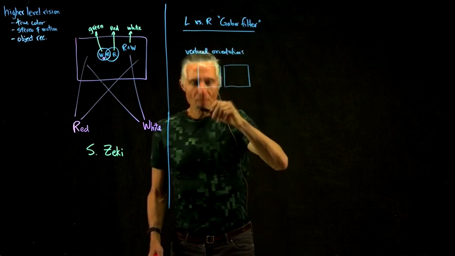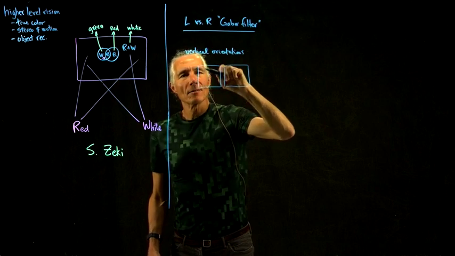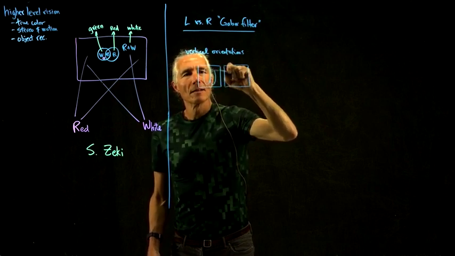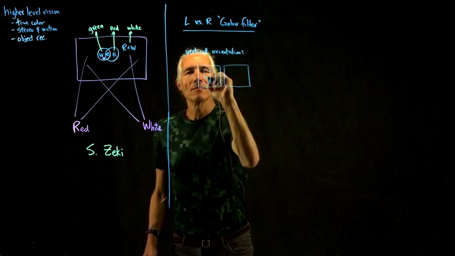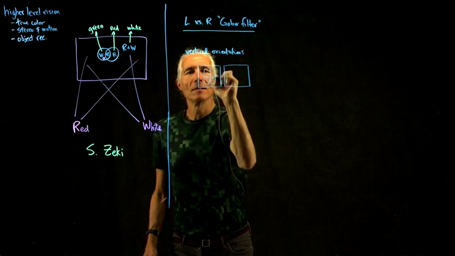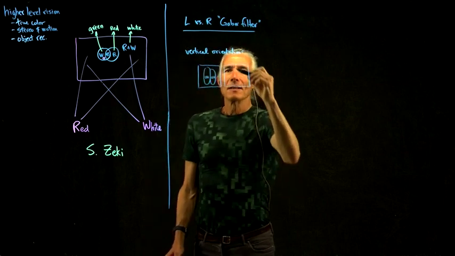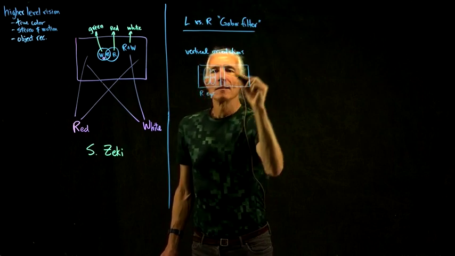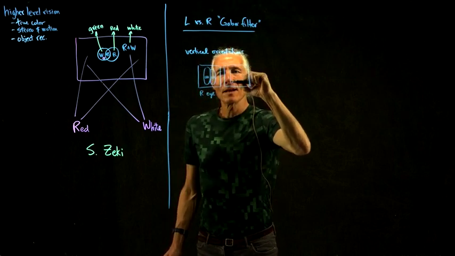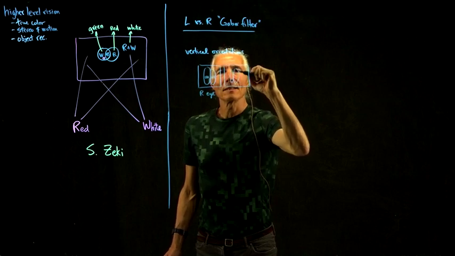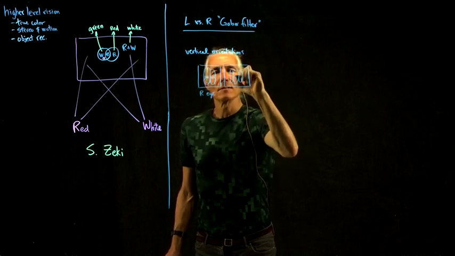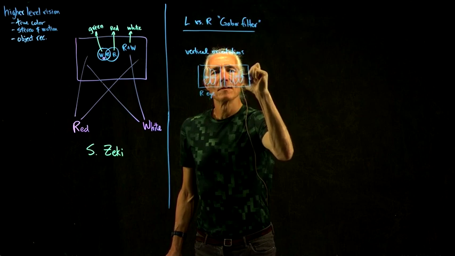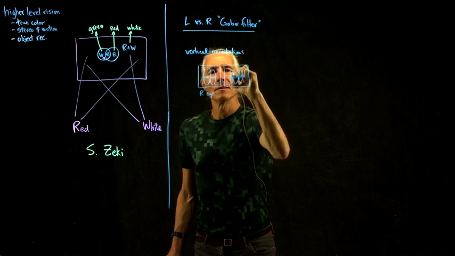So you might have, say, something like on in this field and off in this field, and say this is the right eye. But if you look at the left eye, you might find a situation like this, where you've got, say, on and off and off.